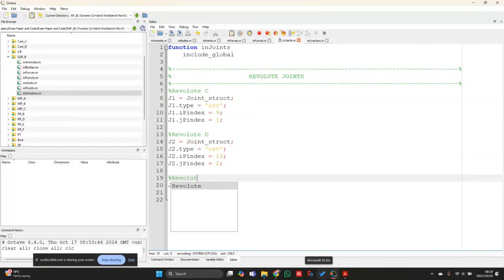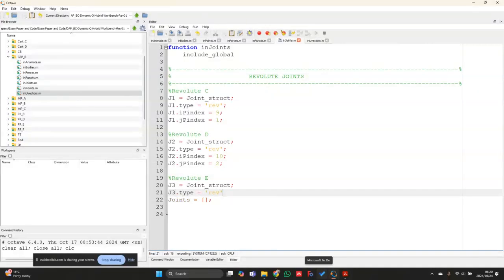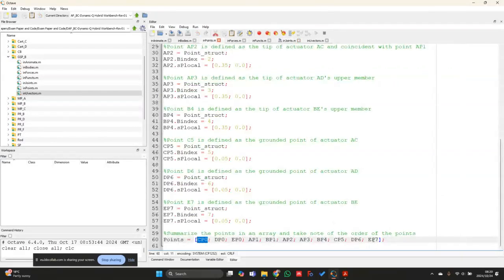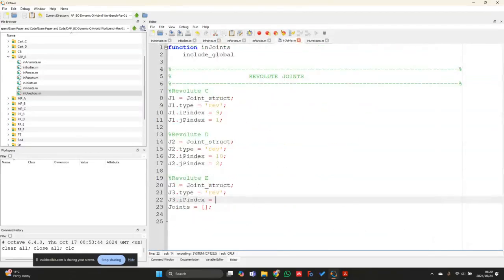Right, so then just the same for all of the other revolute joints as well. So revolute joint E, J3 is a joint structure, J3.type is a revolute joint, then its IP index is going to be, if I go back, so that's the last one, so that would be 11, and then 3 as well.